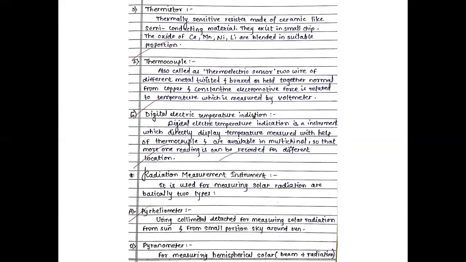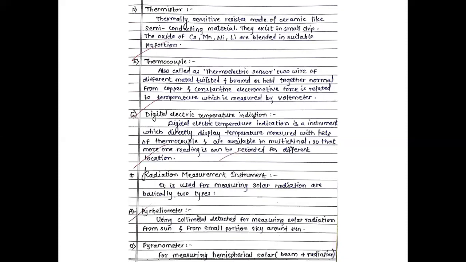Then the thermocouple, also called a thermoelectric sensor. Two wires of different metals are twisted and brazed or held together, normally from copper and constantan. The electromotive force is related to temperature and is measured by a voltmeter.